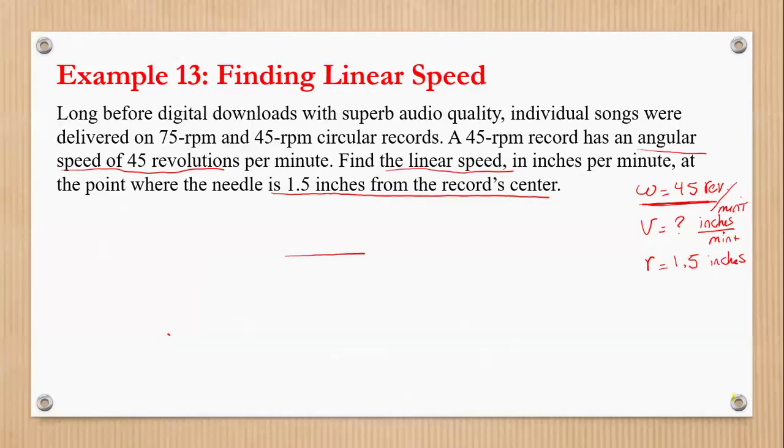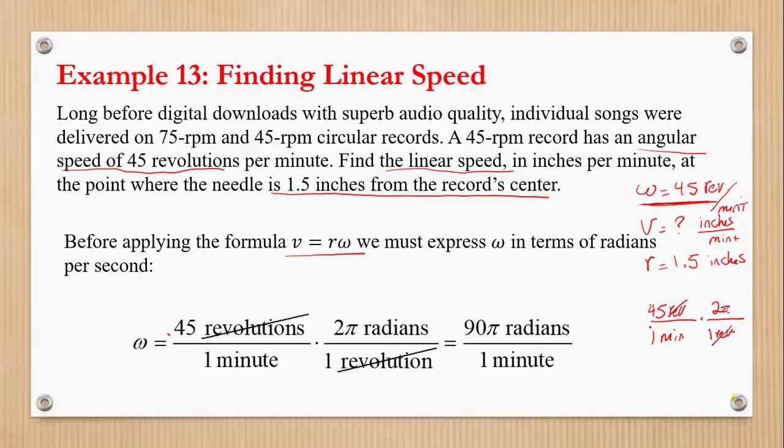We have 45 revolutions per minute multiplied by another fraction, and that fraction says every one revolution is 2 pi radians. Then you can cancel revolution by revolution, multiply the numerators, and divide by the denominator. So 45 revolutions per minute means 90 pi radians per minute.